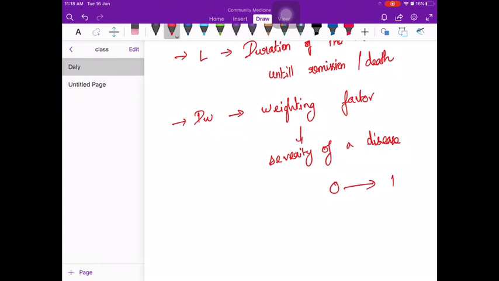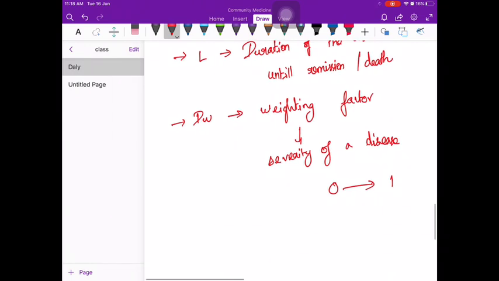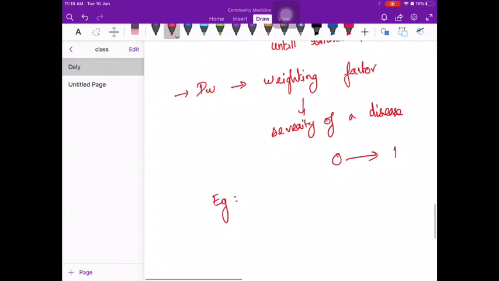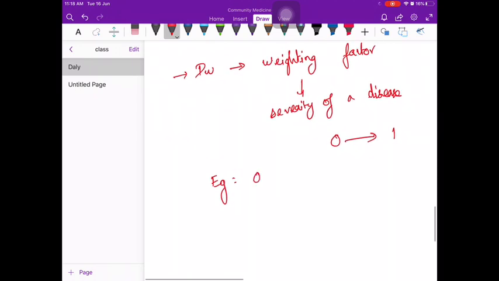For example, diabetes has a severity of 0.20, femur fracture has a disability weighting of 0.50, etc. The disability weighting factor is given by WHO. It varies for each and every disease.